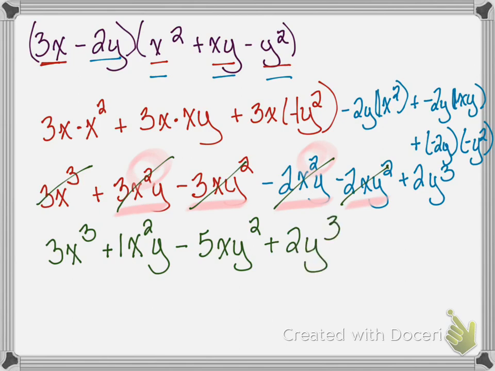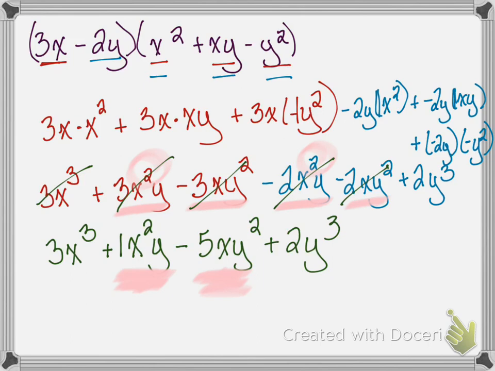Now I just want to comment right here. Do you see these two? I want you to notice that my x is raised to the second power and my y is raised to the first power on this one. But on my second one, I've got -5. My x is raised to the first power and my y is raised to the second power.